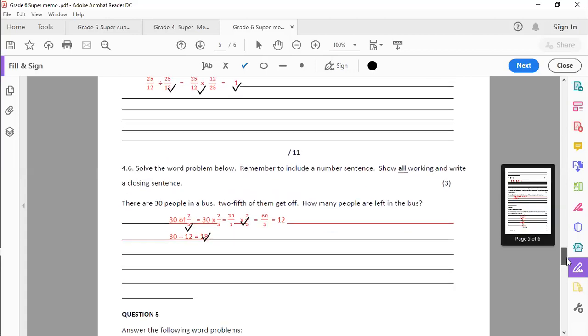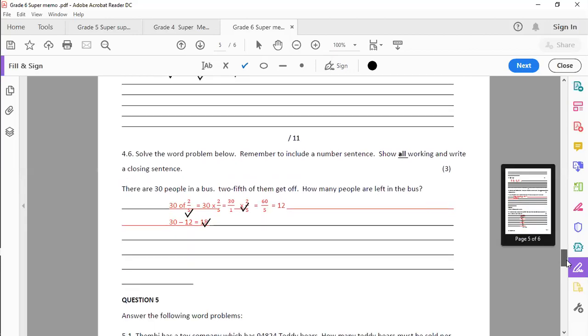The next question says there are 30 people in a bus, and 2/5 of them get off. I hope we are correcting ourselves at the same time while I speak. I work out the "of" part.